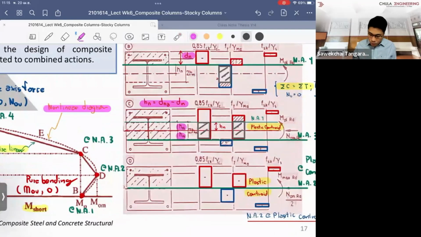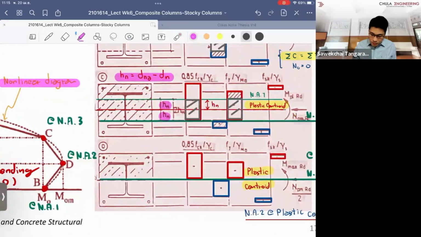The reason it drops by half is because here we have an unbalanced section. If we compare the axial capacities, this will be the same, but this part will play a part as compression. You have more compression here. But in this diagram, the amount of compression is the same. Sorry, it's reduced by half because you lose the proportion.